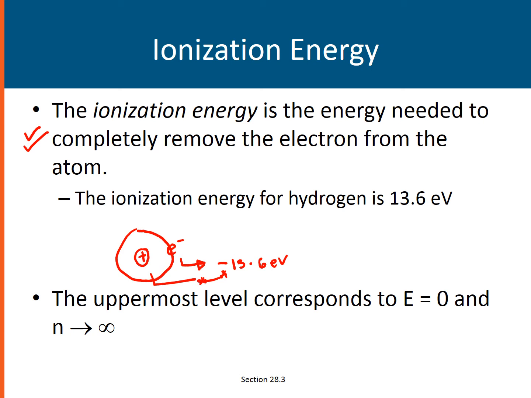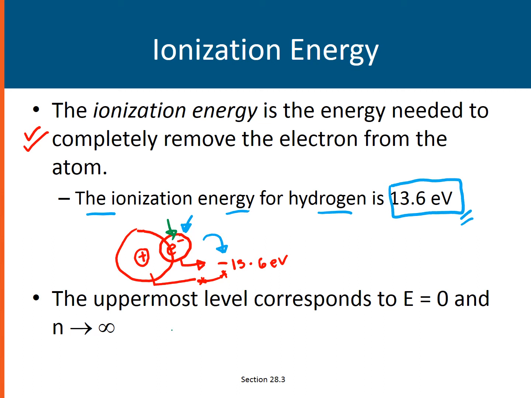In order for us to liberate this electron, it must gain an energy equal to the energy that it possesses in order to remove it completely from the atom. So the ionization energy of hydrogen is 13.6 electron volts, meaning this electron must absorb an energy equal to 13.6 in order to be completely freed from the hydrogen atom.